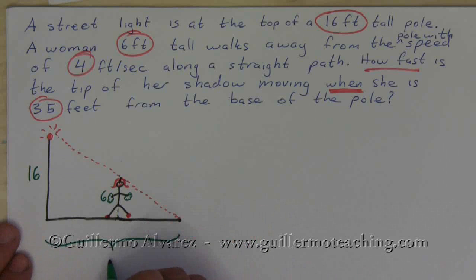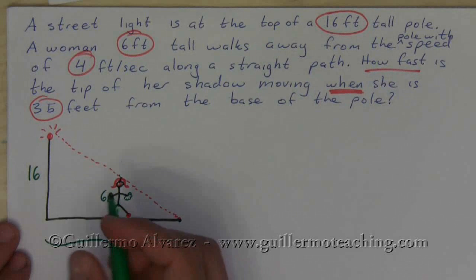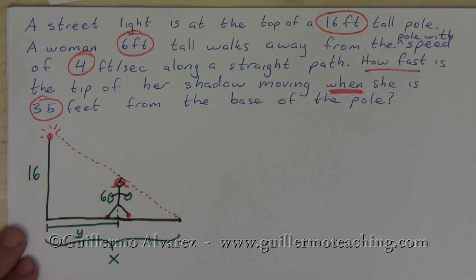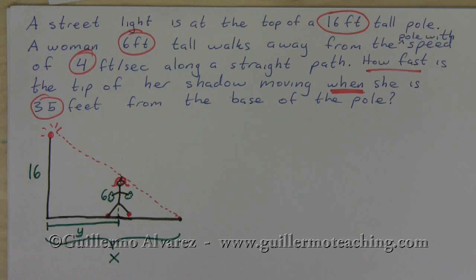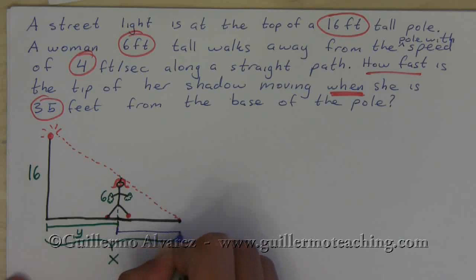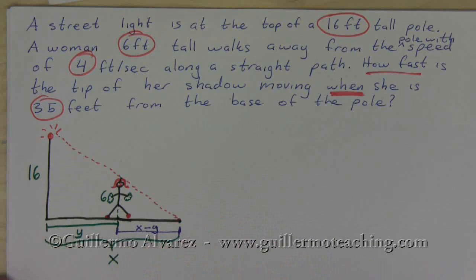Now let's label this distance x, and let's label the distance from the pole to the woman y. And so if we do that, then this little distance right here from the woman to the tip of the shadow is x minus y. Okay.